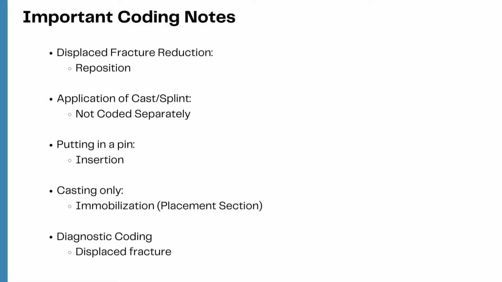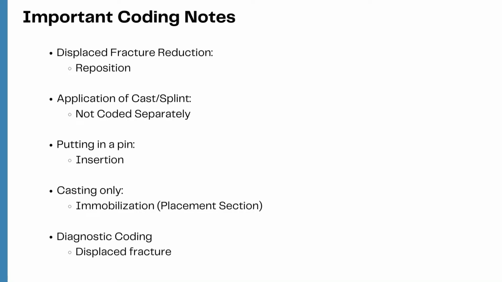Now, since we are talking about reduction of fractures, reduction of a displaced fracture is coded to the root operation reposition. And remember that application of a cast or a splint along with a reposition procedure is not coded separately. That's one important point you need to remember. For reduction of a non-displaced fracture, if a pin is placed additionally, putting in a pin is coded separately, but the pin placement would be coded to the root operation of insertion.